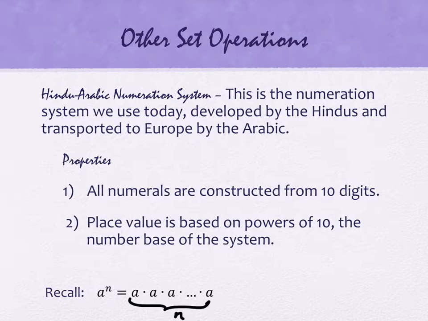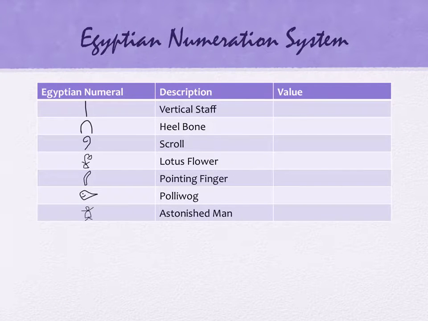All right, the Egyptians are first. They have some wonderful symbols. These are them. The vertical staff has a value of 1, which is convenient because it already looks like the number 1.